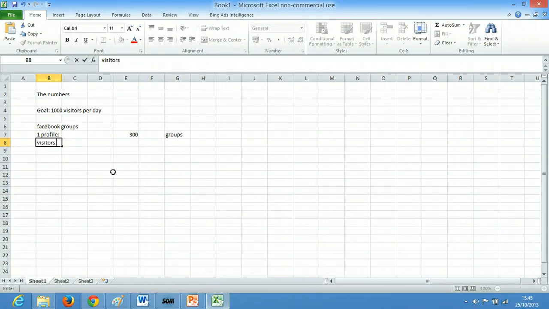So visitors per group, we're going to write 1. So what that means is that you're going to get total visitors per one account. It's very simple, right? It's going to be 300 times 1.